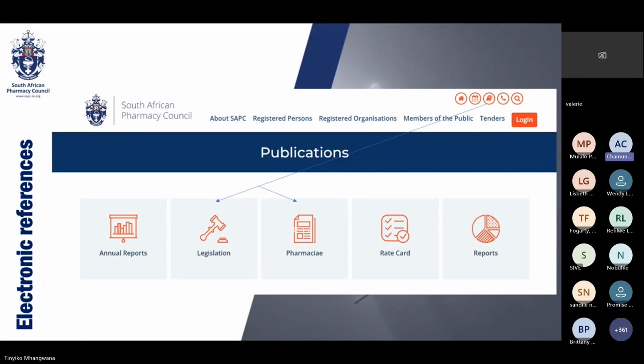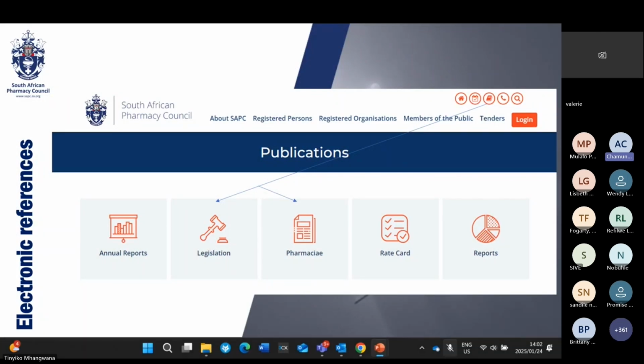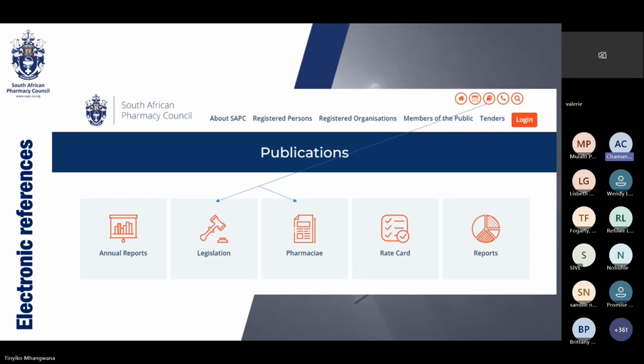So if you go onto the pharmacy website and click on the link that looks like a book, it takes you to the publications tab where you get your legislation, link to your legislation guides and the pharmacia. If you follow that link, you see a list of regulations, rules, and board notices.